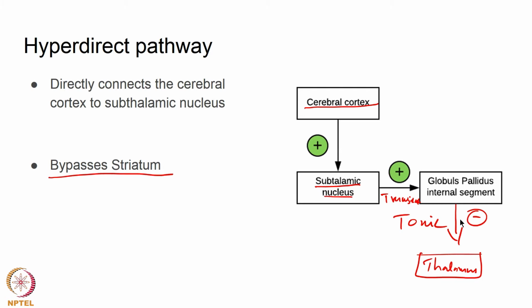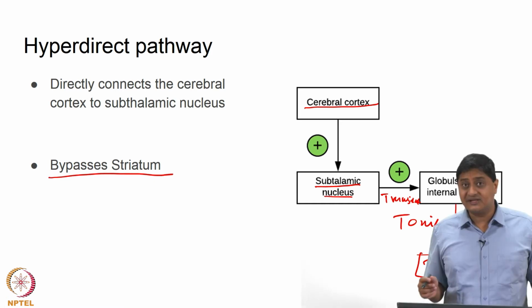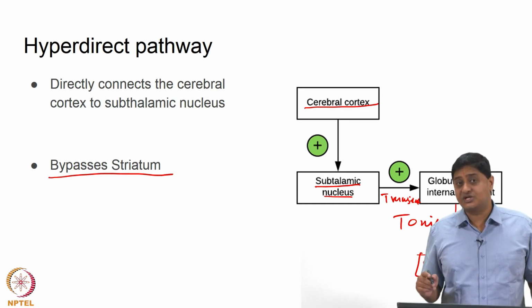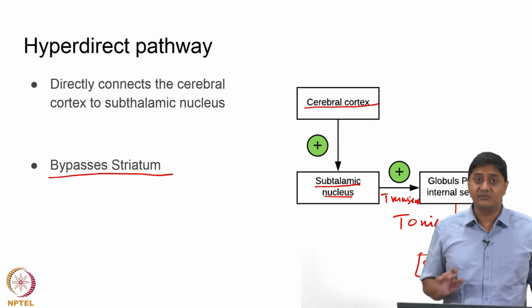So, it is going to inhibit directly or super directly the output of the thalamocortical neurons by increasing the excitation level of the subthalamic nucleus.